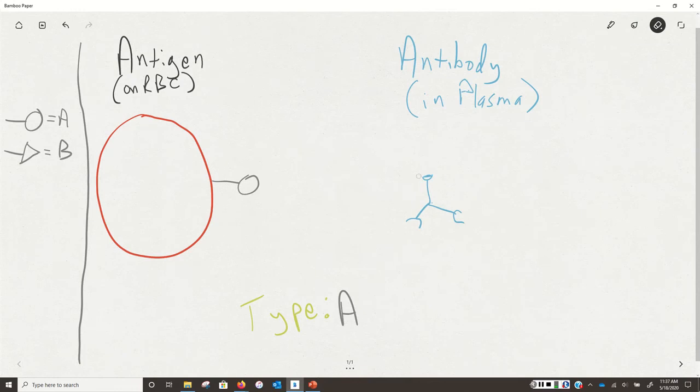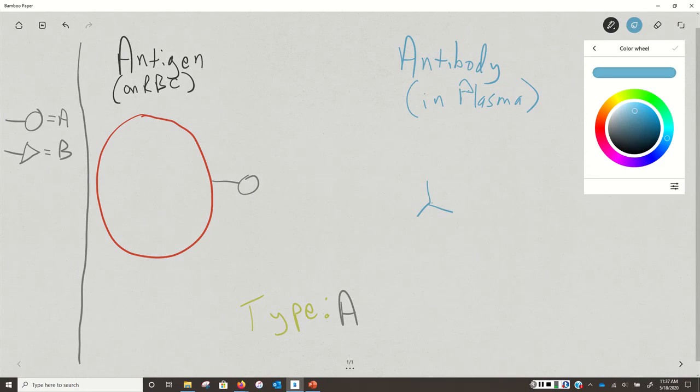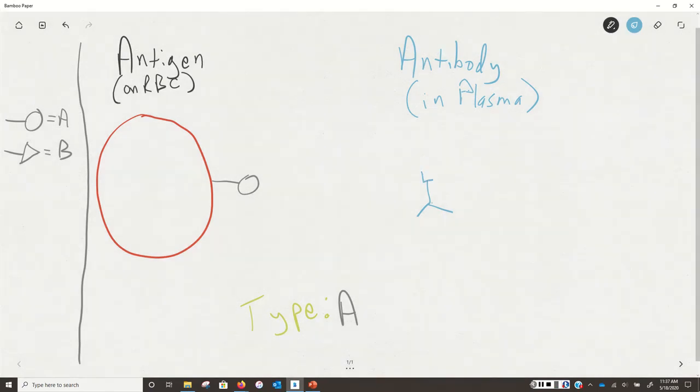What we actually see in someone with type A blood are anti-B antibodies.